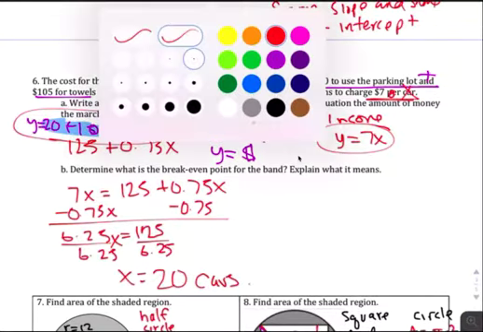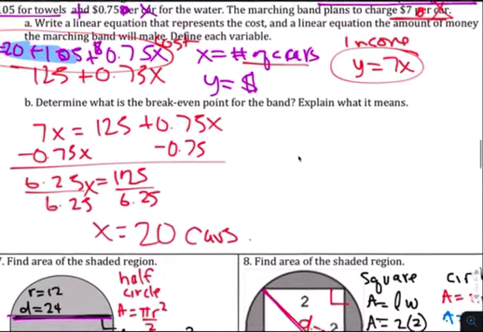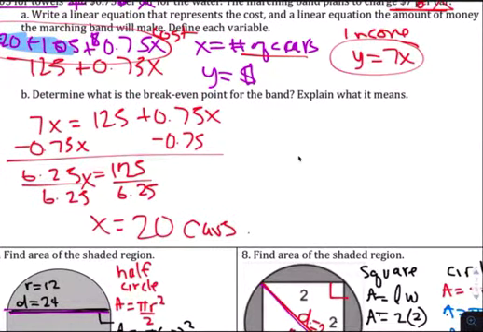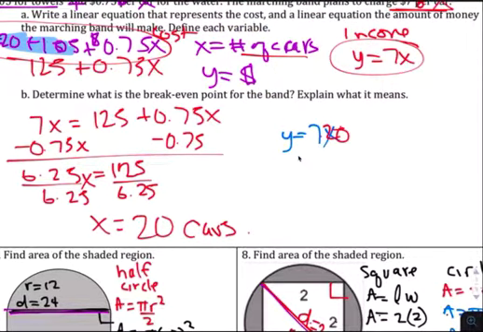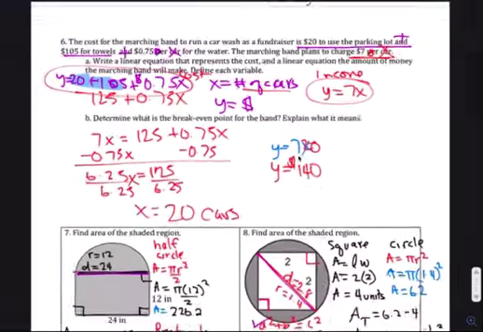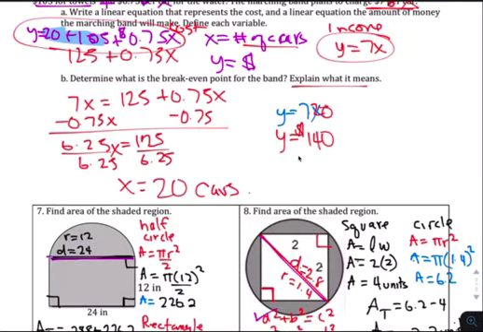Okay, so 20 cars, how much are they going to make? Or the income and then cost. You're going to use the income line, 7x. Put 20 in there. Income, you're going to make 140. Also going to cost you 140. So what does it mean?